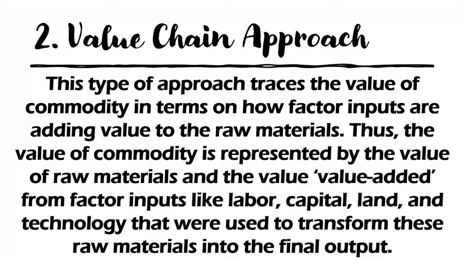Thus, the value of commodity is represented by the value of raw materials and the value added from factor inputs like labor, capital, land, and technology that were used to transform these raw materials into the final output. So basically dito sa value chain approach, ang tinitingnan naman natin dito is yung value noong mga input materials na nilalagay natin sa pag-create ng isang product.